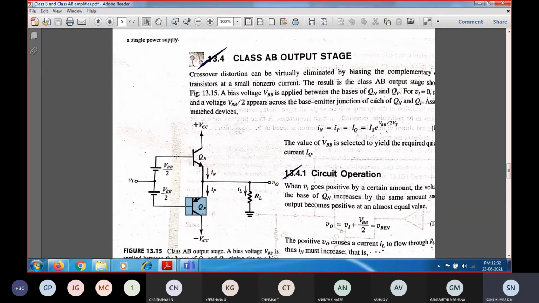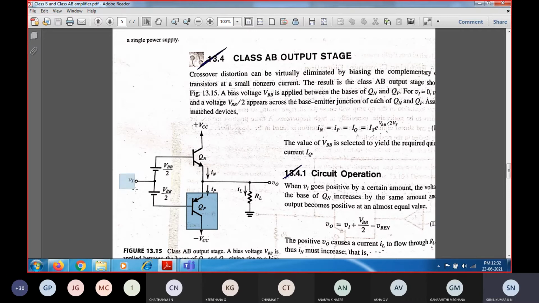During the positive cycle, it increases the current flowing through the transistor QN, and at the same time it reduces the current in QP. QN will be forward biased between base and emitter, whereas QP will be reverse biased during the positive half cycle. So QN will be operating in the linear region, whereas QP will be operating in the cutoff region.